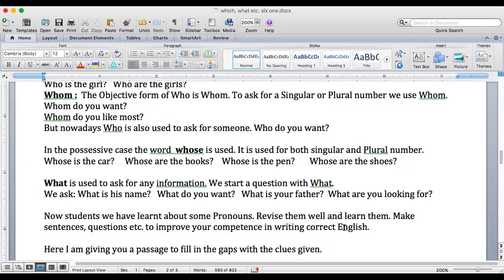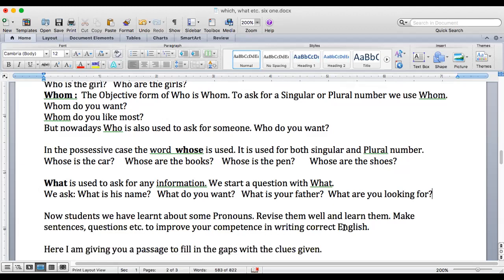I have revised for you twice, and I want you to learn the parts of speech well so that when you go to senior classes, you'll remember these and you'll be able to use these for your better writing competence. In the first class, we learned about nouns, different forms of nouns. Then we learned about pronouns, personal pronouns, interrogative pronouns, demonstrative pronouns, and all this.